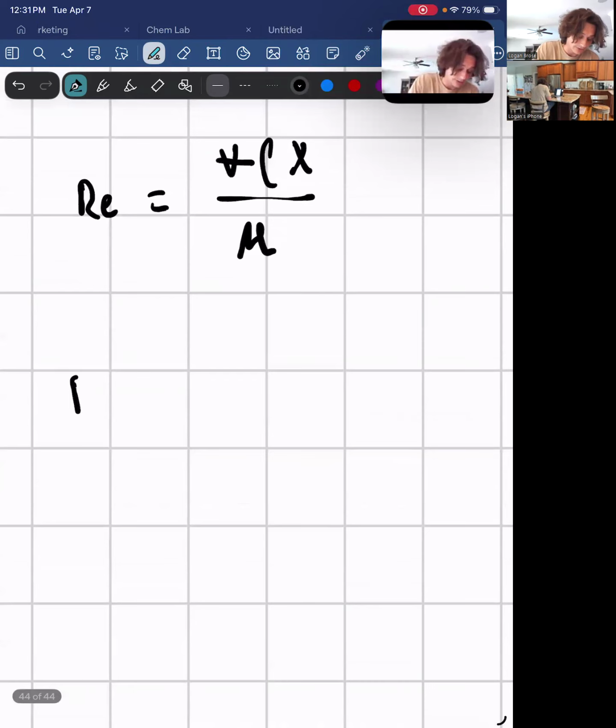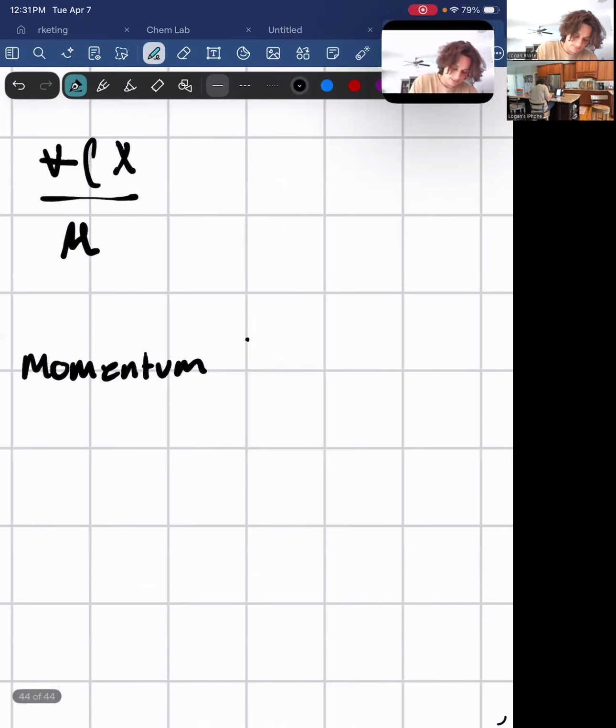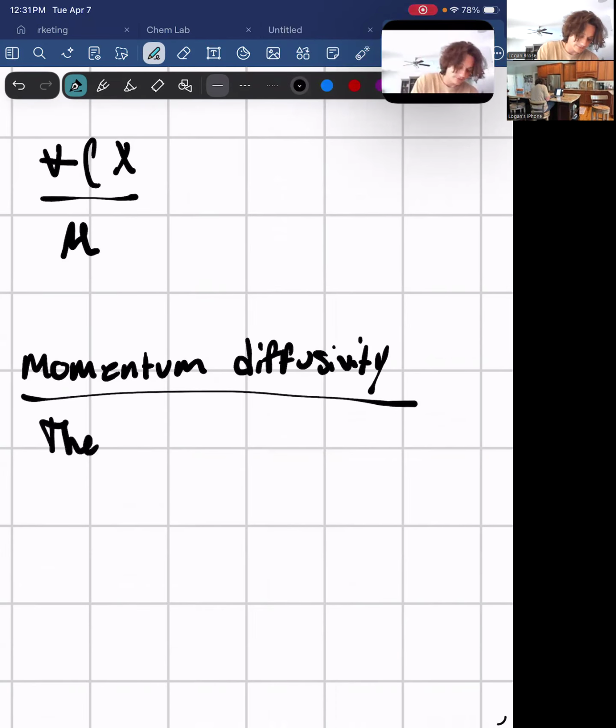Next we'll look at our Prandtl number. What is our Prandtl number? It is our momentum diffusivity over our thermal diffusivity.